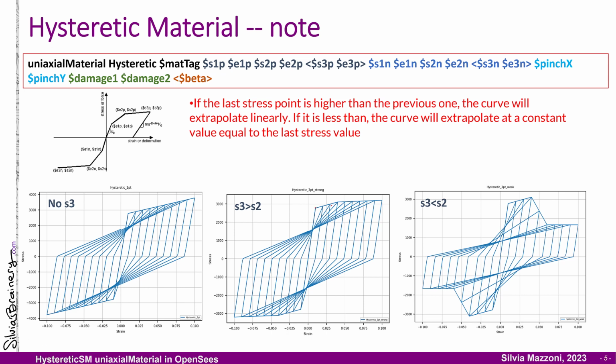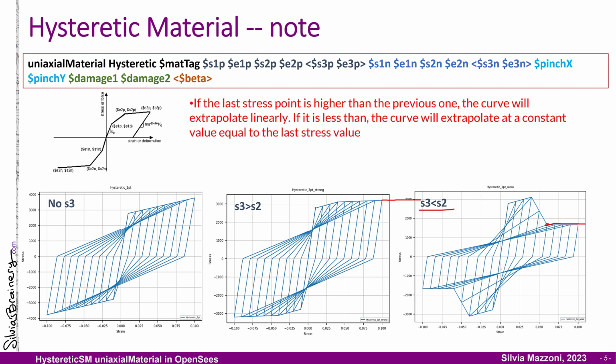So these are the points S1, S2, and S3, and then this is going to keep on going cyclically to infinity as a trilinear curve. If you define a negative stiffness, which means that S3 is less than S2, then when the stress reaches S3 and epsilon 3, this goes on with a horizontal slope, okay? So that's what I mean by a trilinear or quadrilinear curve.